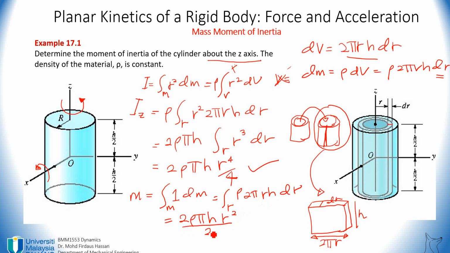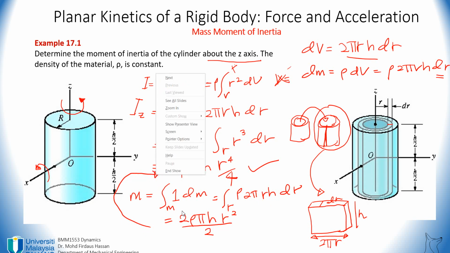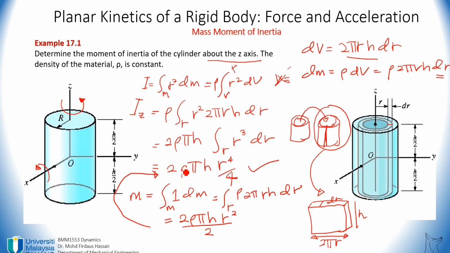If you notice that this term is a part of this value. You have 2, you have rho, the same pi, the same h, the same r squared, but this is r to the power 4, divided by 2 times 2.